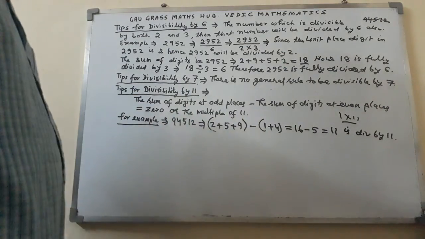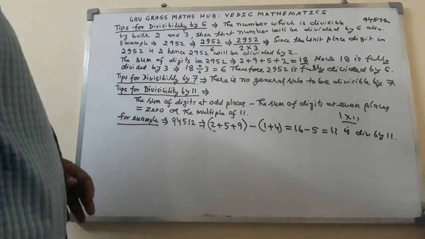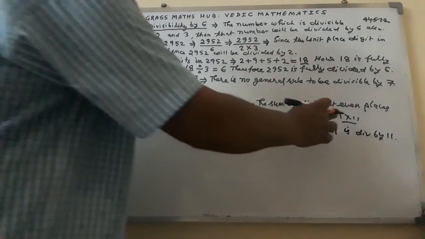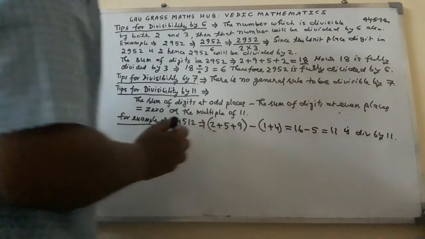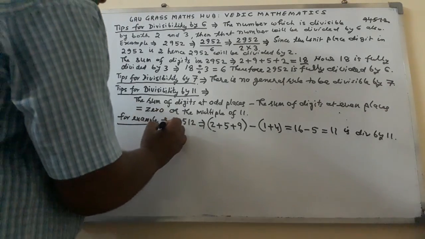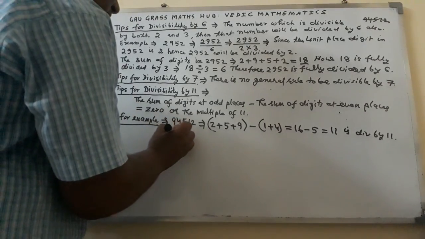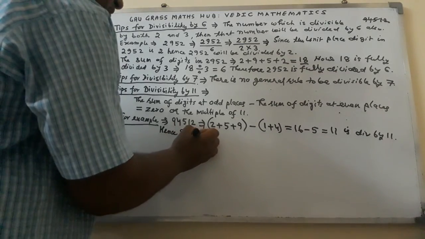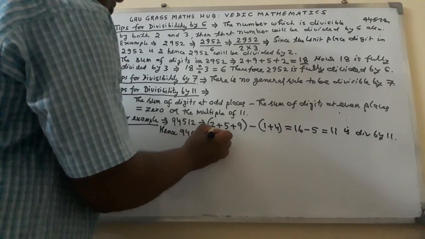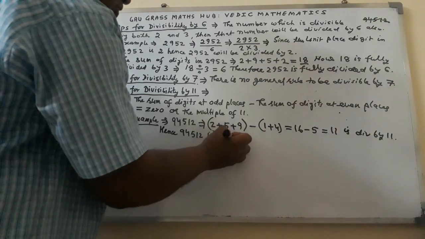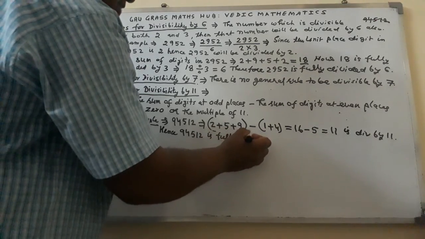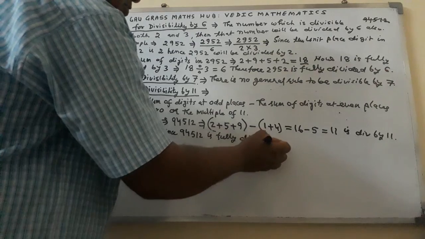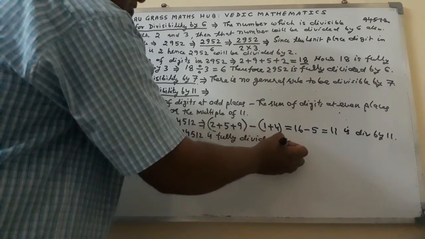So that's why this number will be divisible by 11. Hence I can write that 94,512 is fully divisible by 11.